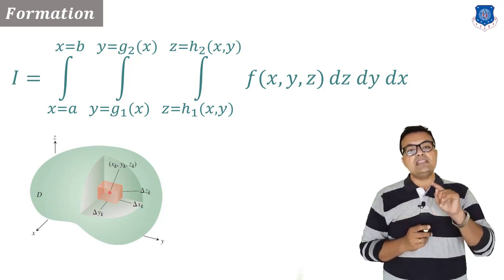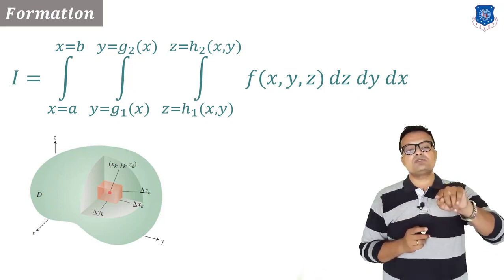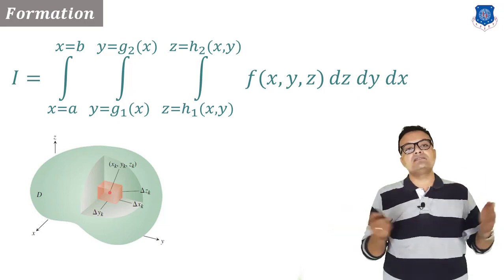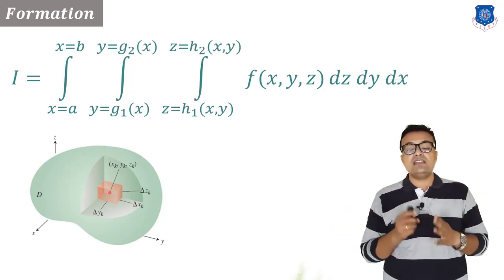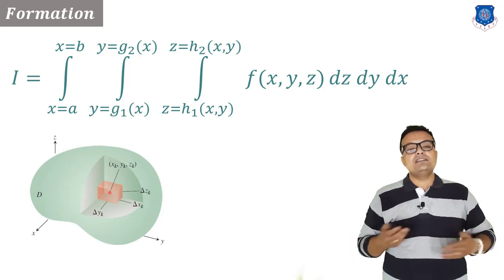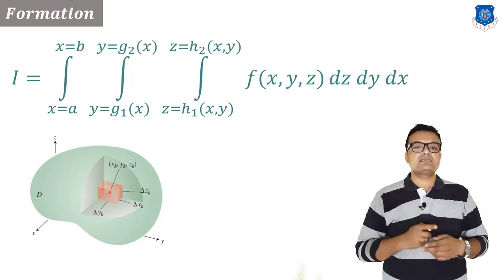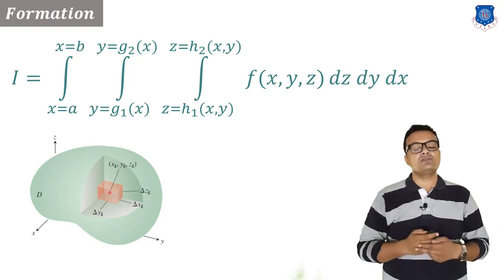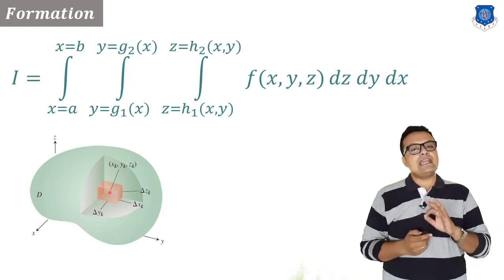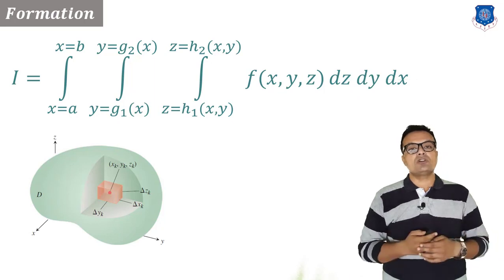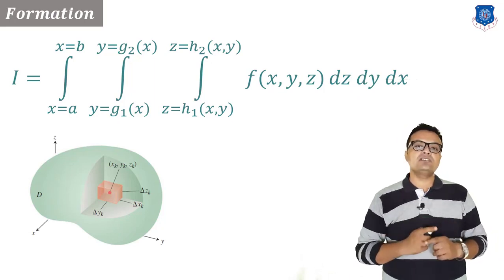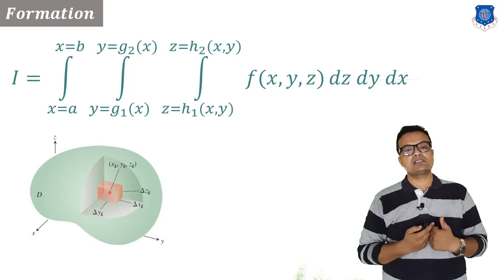That means while taking the innermost integration with respect to z, my outer variables x and y are constant. Then if I switch to the second or the middle integral, then it is with respect to y and the limits are in terms of the outer variable, which is x. Now remember, at any moment the limits can be constant also, but if variables are included, they must be outer variables.